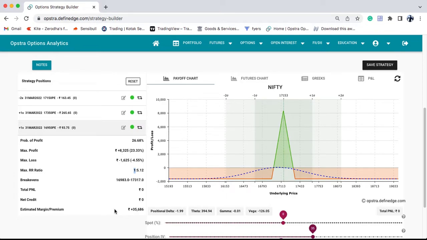This put butterfly you can do with OTM options or ATM options also. Now I have done it with the at the money option. You can take 200 points higher or 200 points lower.